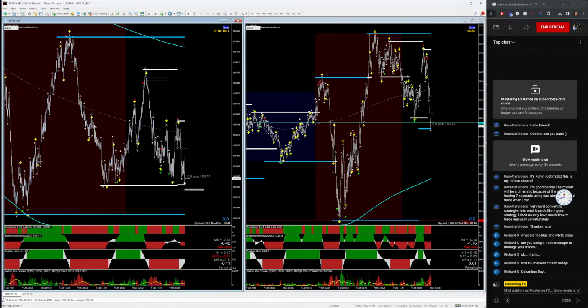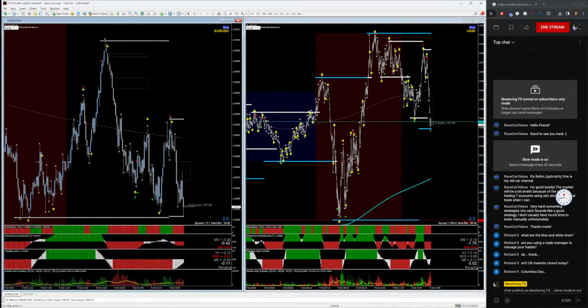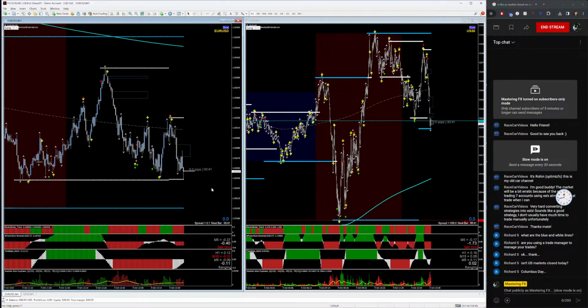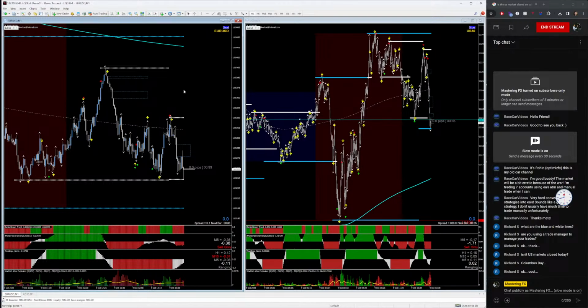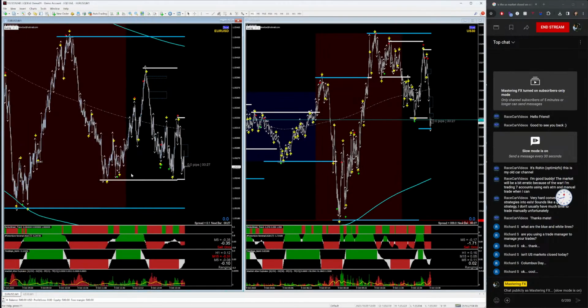Let me zoom in on this one a little bit. So it looks like we're going to take out at least this low here, which I would be satisfied with, since again my concept or my theory is TMA bands, which we did have a touch here, so logically we need to have the next touch here, which also tells me that we are on the way up there.